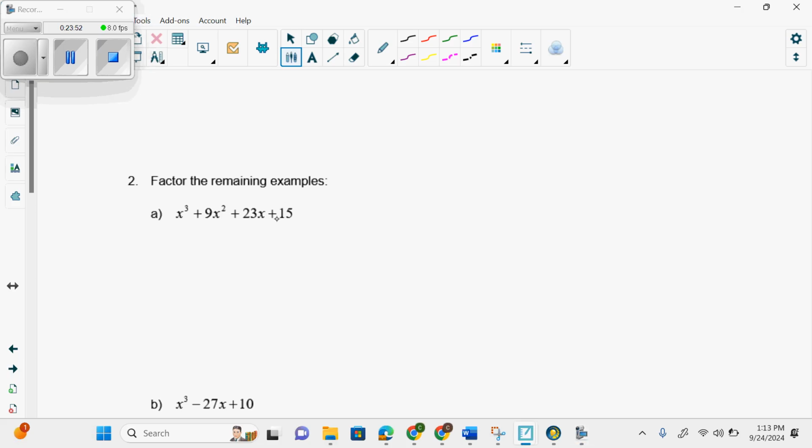We're going to factor this. It's a cubic, so at maximum, we're going to have 3 different factors. These are the possible x-intercepts, which indirectly is a possible factor.